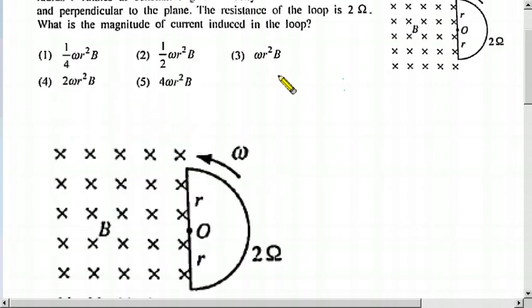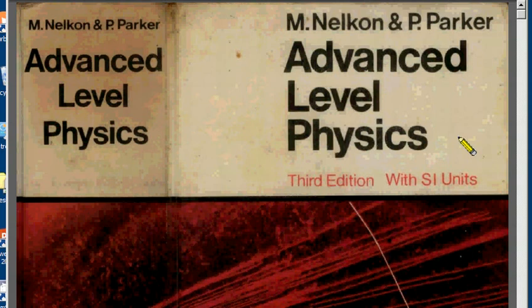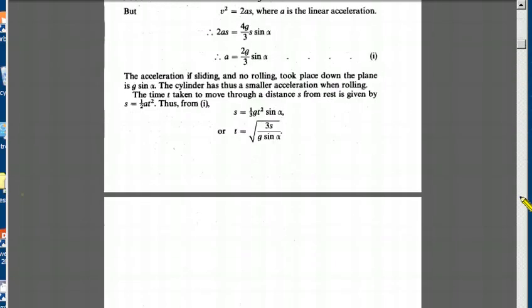So what is the principle about this incident? Children, this one is the standard book for advanced level in Sri Lanka. This is from England, Nelkon and Parker Advanced Level Physics. So I am going to refer to this book to show you.